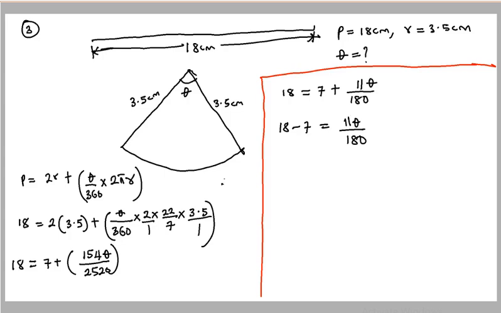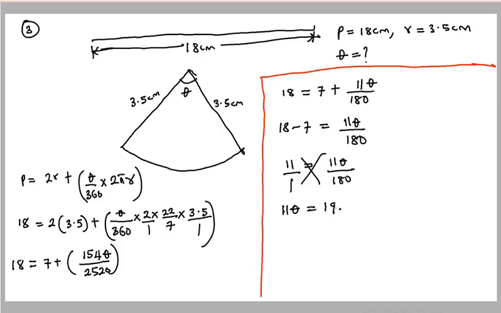So 18 minus 7 is 11 equal to 11 theta all over 180. So I can call here over 1 and then cross and multiply. 11 theta times 1 is still 11 theta. 180 times 11 is 1980.